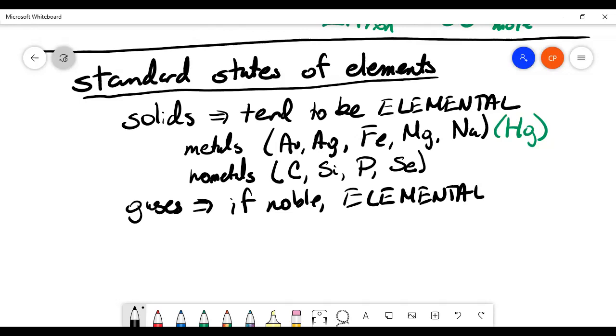Noble gases are also elemental. Helium, neon, argon, krypton are the examples of noble gases you might come across later on. But noble gases are boring when we actually talk about energetics of chemical reactions, because noble gases don't react with anything at all. It's the other gases that are very interesting.